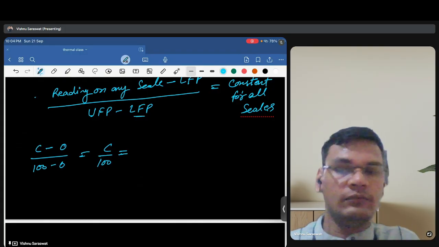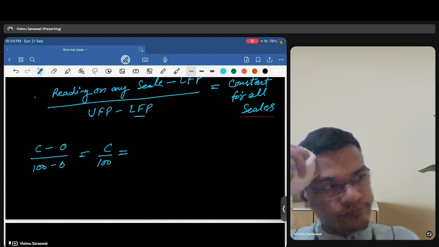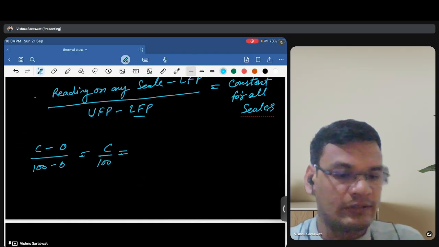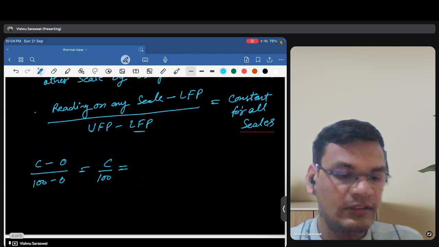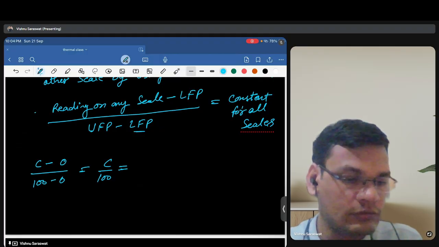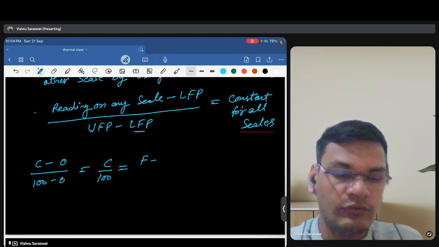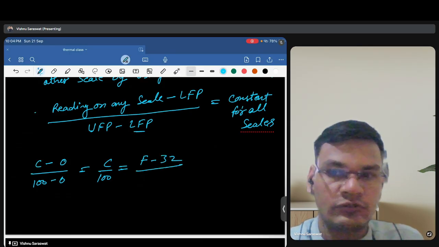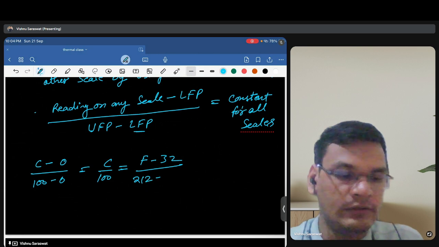When we take the Fahrenheit scale, the reading on the scale is F. We take F minus the lower fixed point, which is 32, and the upper fixed point is 212 minus 32.